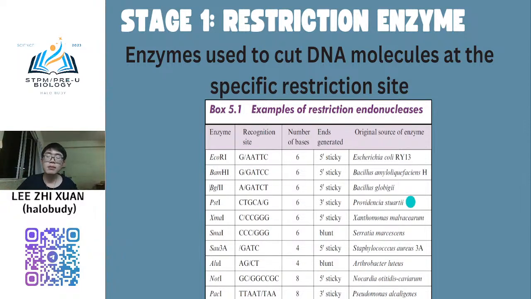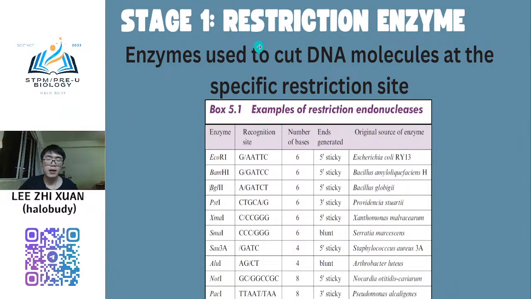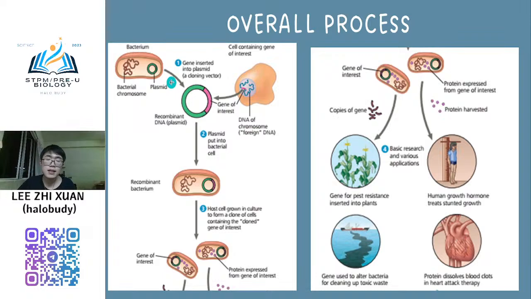So, macam mana kami nak tentukan certain part gene tu? So, the main role is using restriction enzyme, because this enzyme is used to cut DNA molecule at the specific restriction site. Dia akan potong dua benda. Dia akan potong plasmid dan juga DNA punya donor cell.